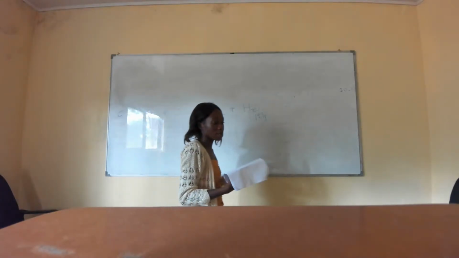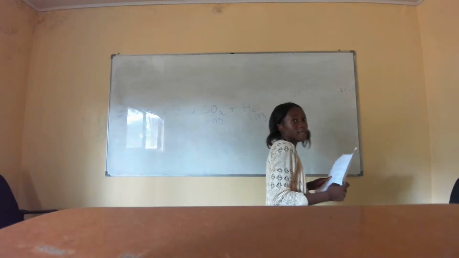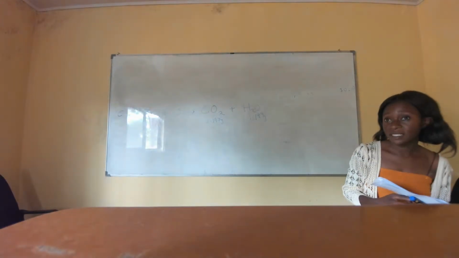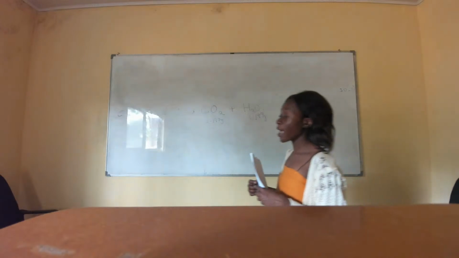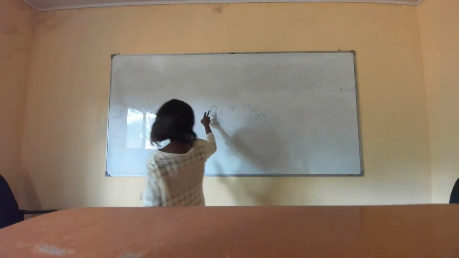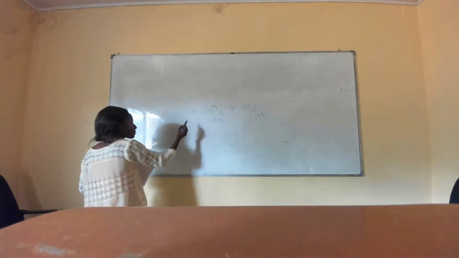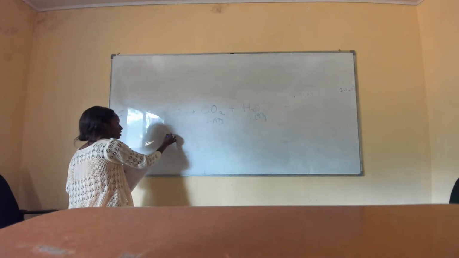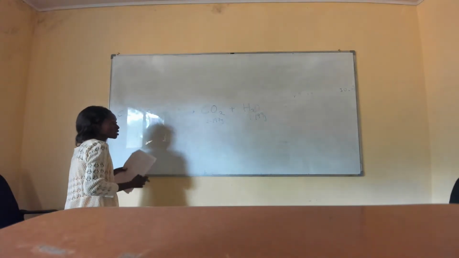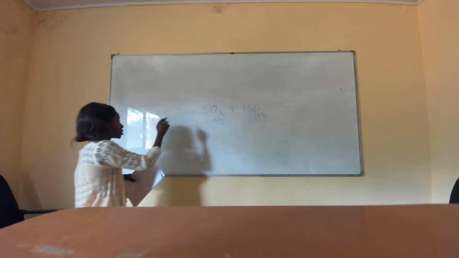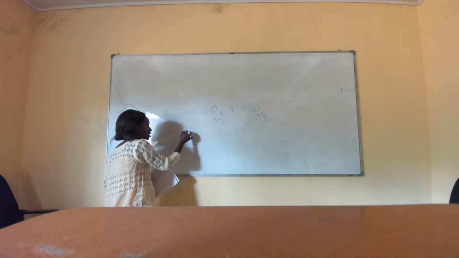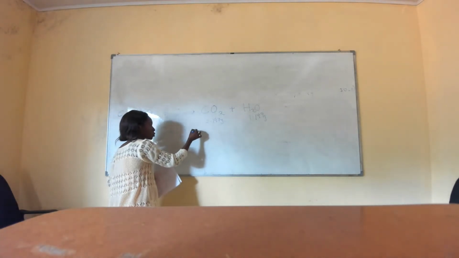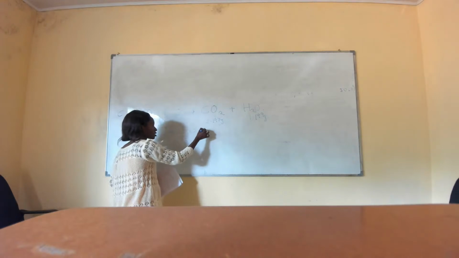We can't calculate the empirical formula before we calculate the number of moles of each element. And to calculate the number of moles of each element will first require us to calculate the mass of each element. To calculate the mass of carbon in carbon dioxide, we simply take the molar mass of carbon over the molar mass of carbon dioxide times the total mass, which is 2.197 grams.